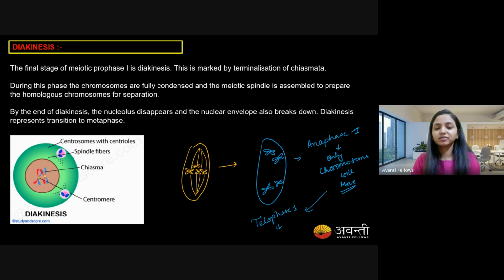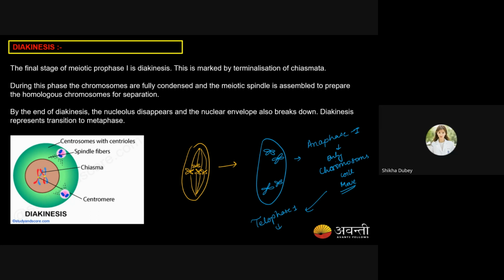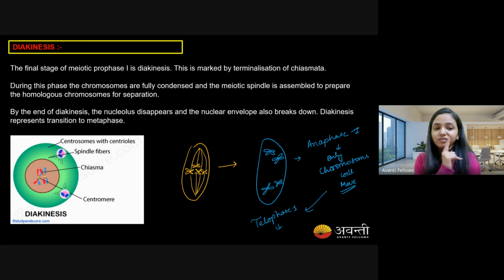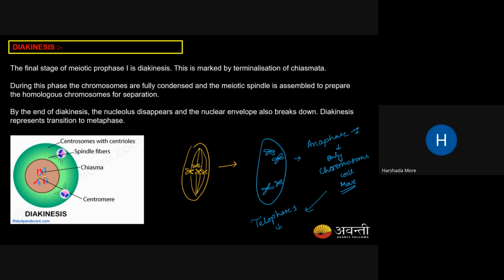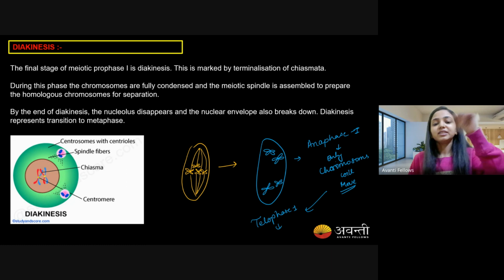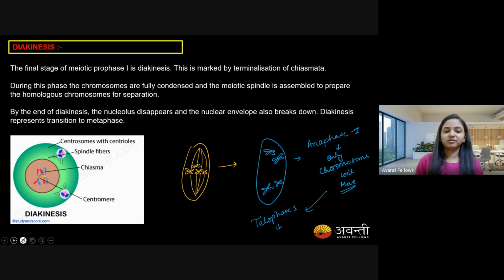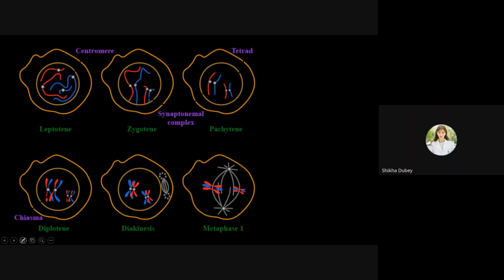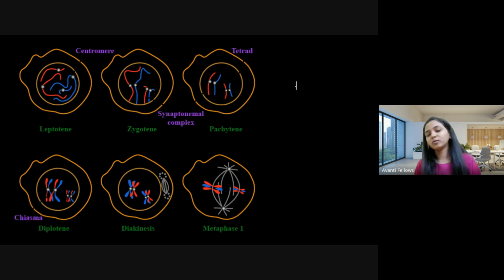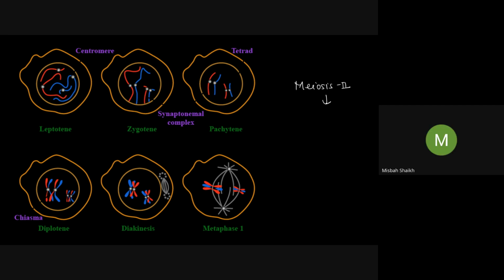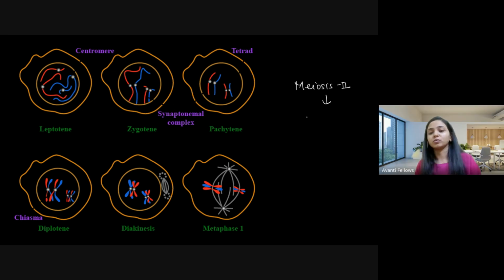Firstly, it will go into cytokinesis. सबसे पहले cytokinesis होगा, then it will enter into meiosis 2. And meiosis 2 is just similar to mitosis. In meiosis 2, the number of chromosomes remains the same.